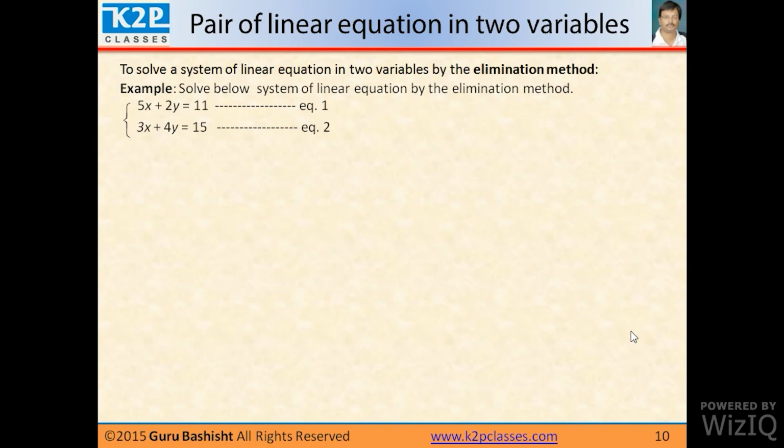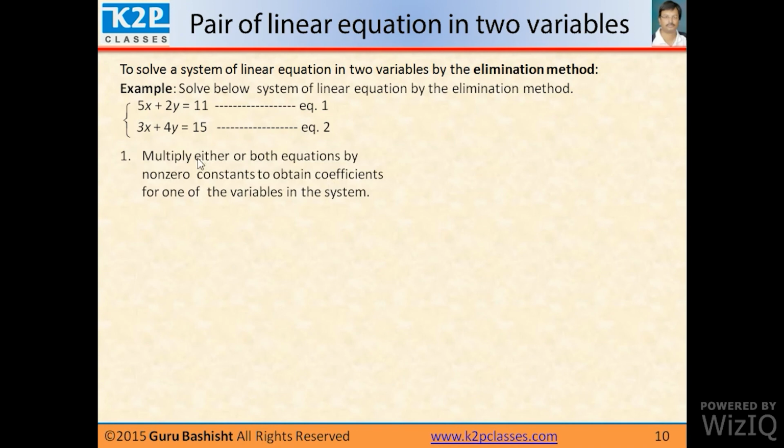Here we multiply equation 1 by 2, so we get 10x + 4y = 22. So this 4y, here it is 4y, so we multiply by 2 so that we get 4y.